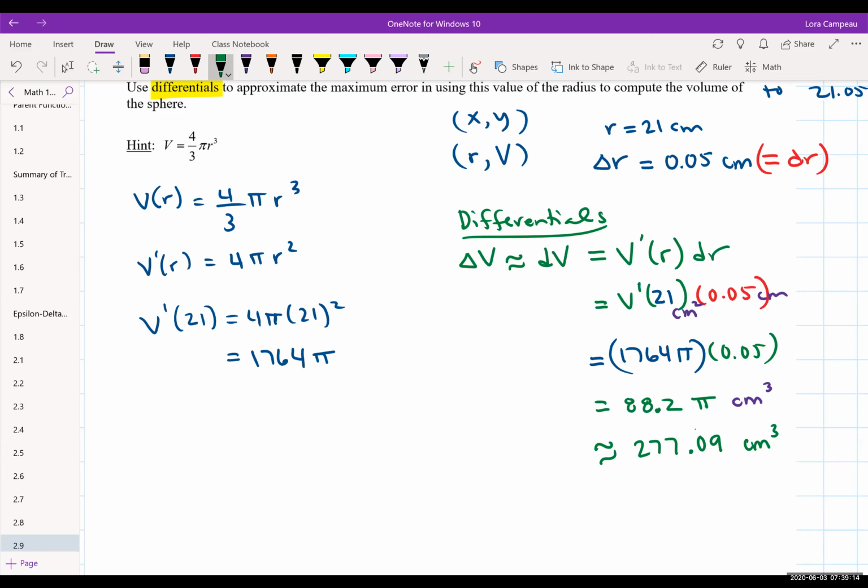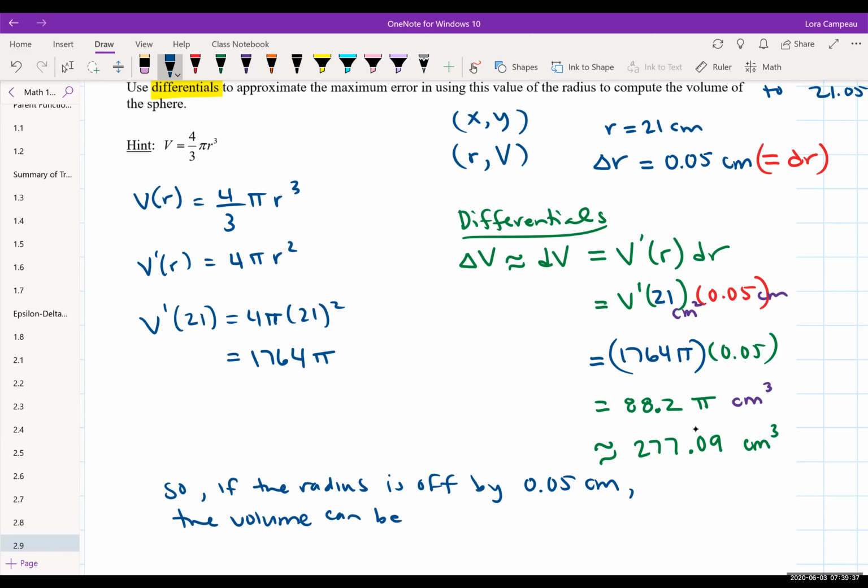So what this tells us is, if the radius is off by, what do they say, 0.05 centimeters, the volume can be off by about 277 centimeters cubed. And you know what? That sounds like a lot.